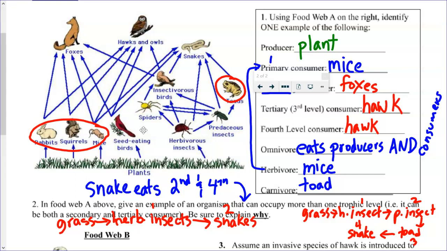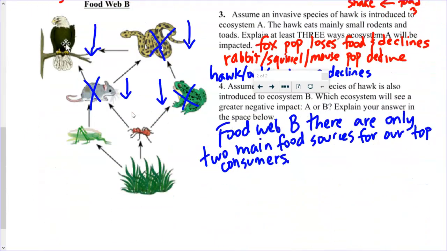Okay, so the fox has 1, 2, 3, 4, 5 different things that it eats. So although, yes, that invasive hawk comes in and eats those rabbits, squirrels, and mice, probably not all of them, the foxes aren't going to be impacted to the point where they might go extinct because they can still feed on things like insectivorous birds and seed-eating birds, right? So there still might be a fox population around. There's more available food sources for these organisms to fall back on in a food web that has more organisms in it. And we'll talk a little bit more about that in our next unit.